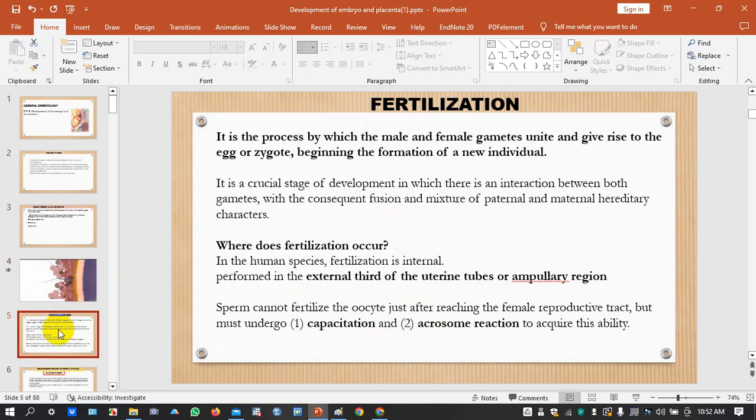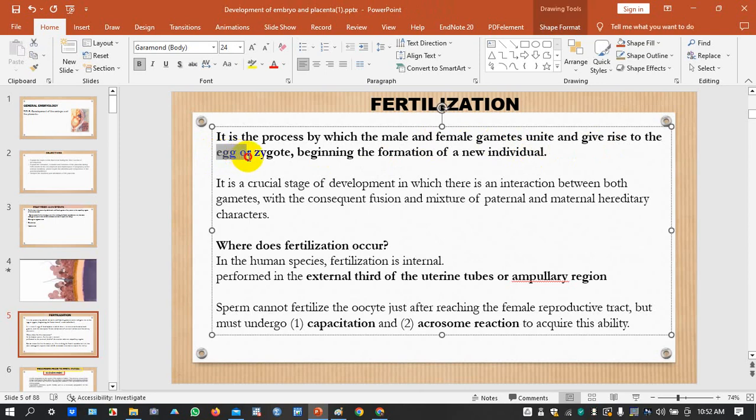So fertilization is the process by which the male and female gametes unite and give rise to the zygote, not the egg, to begin the formation of a new individual.